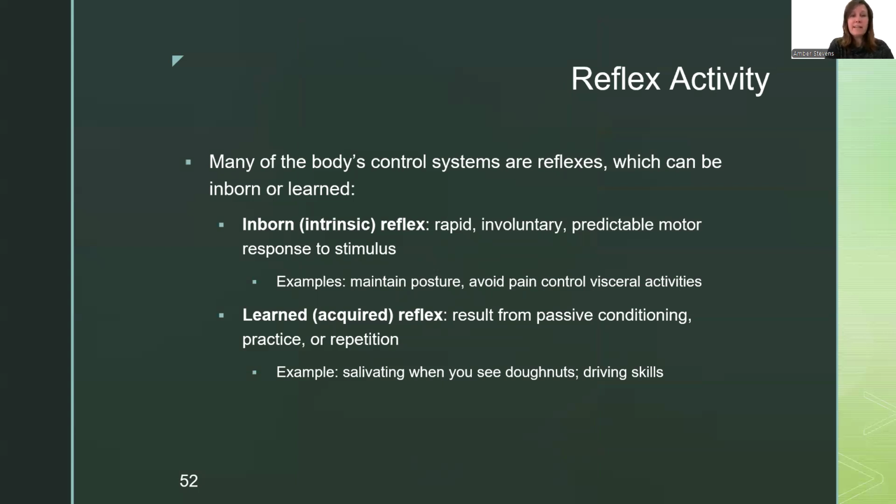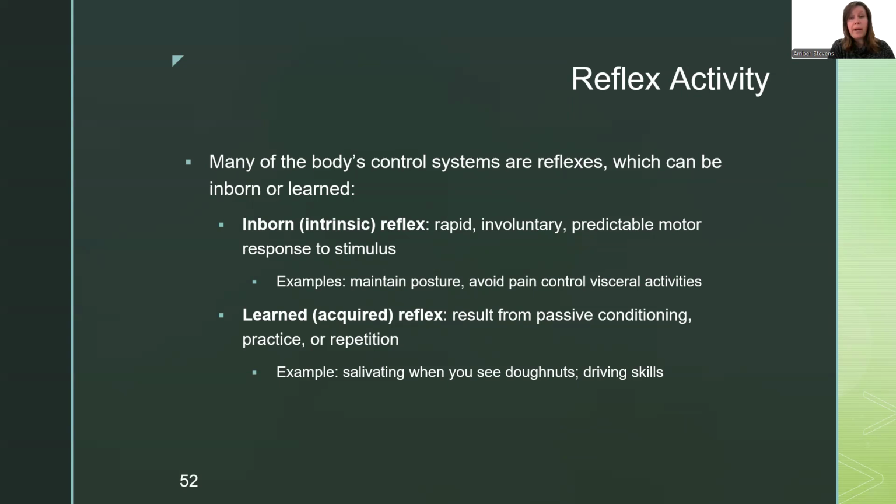All right, so reflexes are automatic responses to stimuli. They can be inborn, which is intrinsic, like pulling your hand away from a hot stove, right? You naturally do that. It's very rapid, involuntary movement. It's to help you avoid pain.